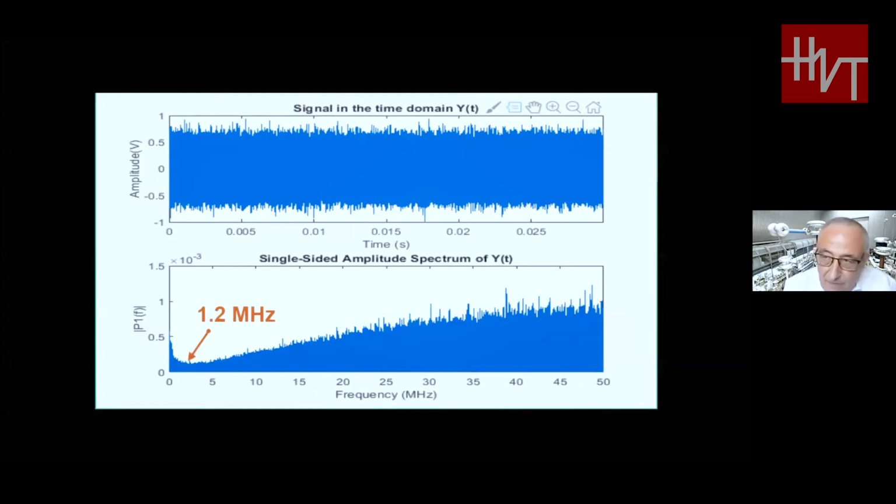Javier has shown the clustering method within a three-dimensional space where you have different clouds. One of these clouds could be pulse noise, coming, for instance, from electronic power.